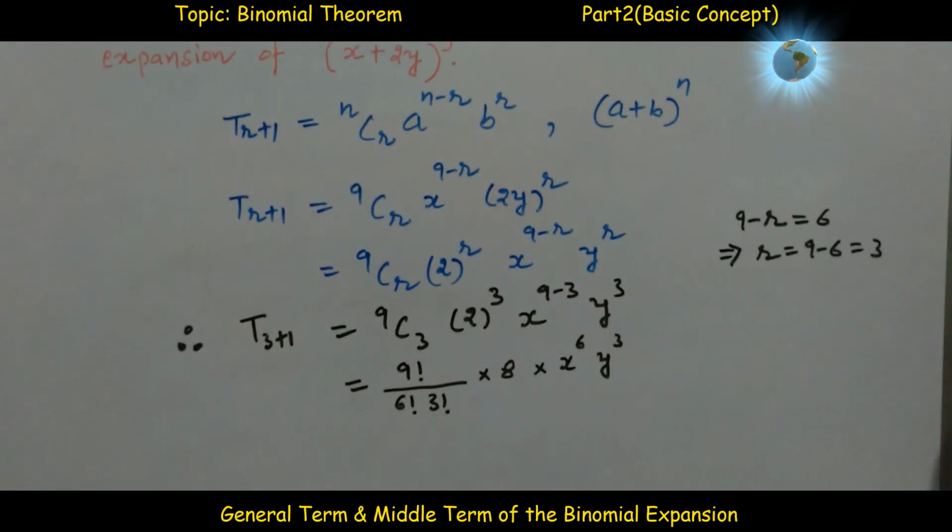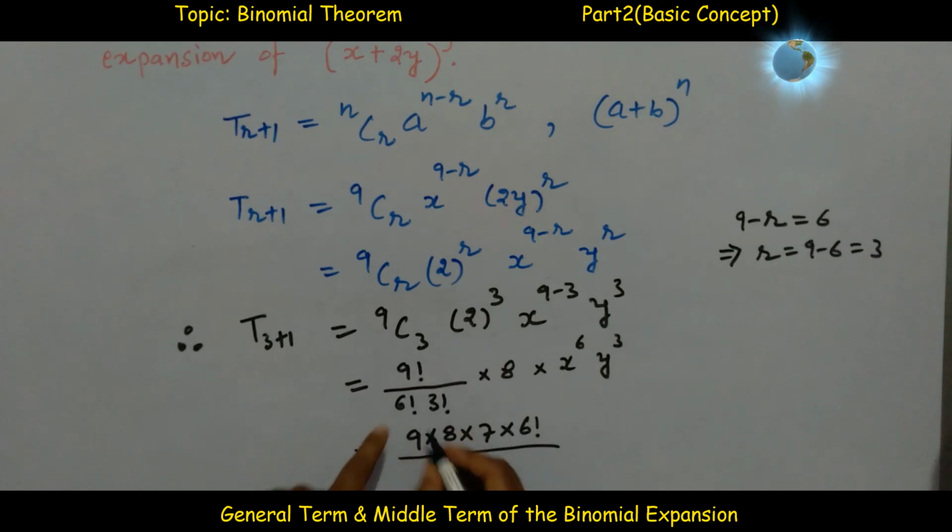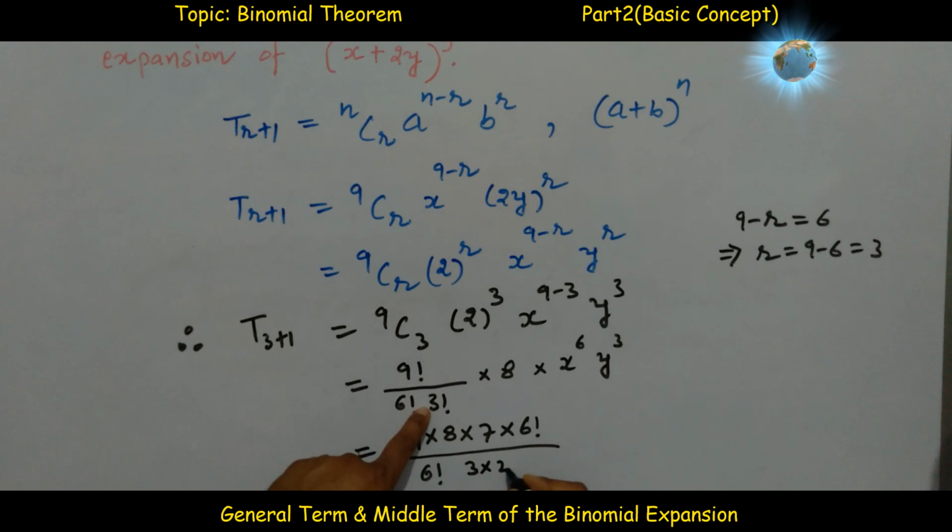Again solving, we have 9 into 8 into 7 into 6 factorial, divided by 3 factorial, which means 3 into 2 into 1. The 6 factorial is cancelled. Also 3 ones are 3, 3 threes are 9, 2 ones are 2, 4 twos are 8. So we have into 8.